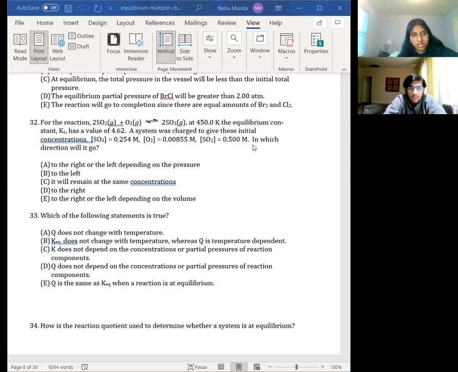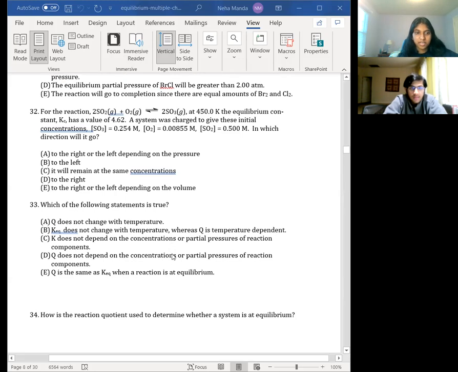Okay, what did you get for the Q value? Sorry, I've just been sitting here and staring. Oh, okay, that's fine. Yeah, I got 30, which is obviously much bigger than 4.6. So I think it should go to the left. B. Yes, B. Okay.